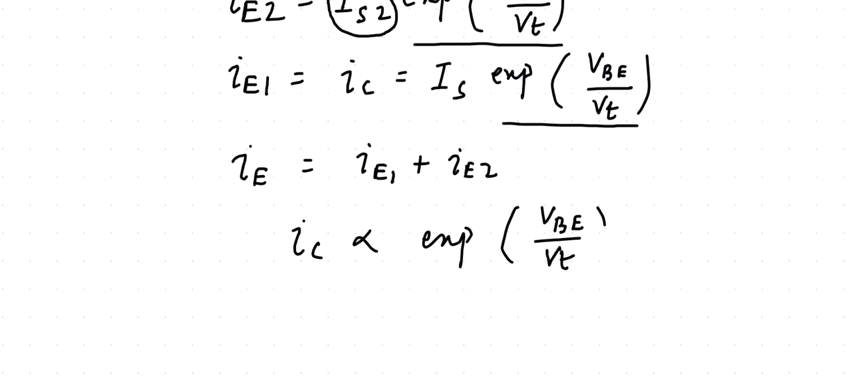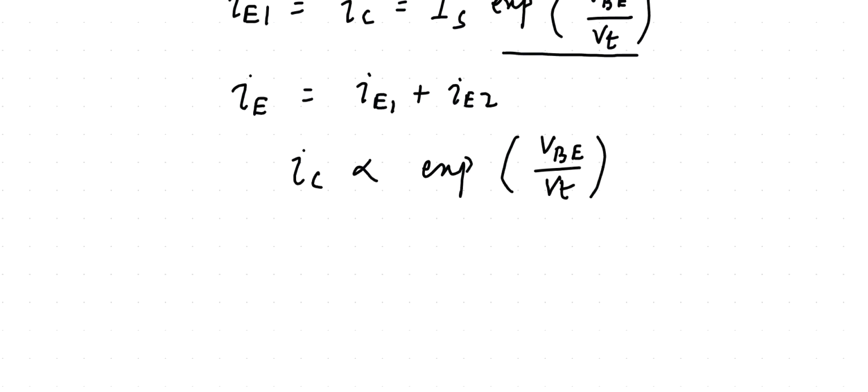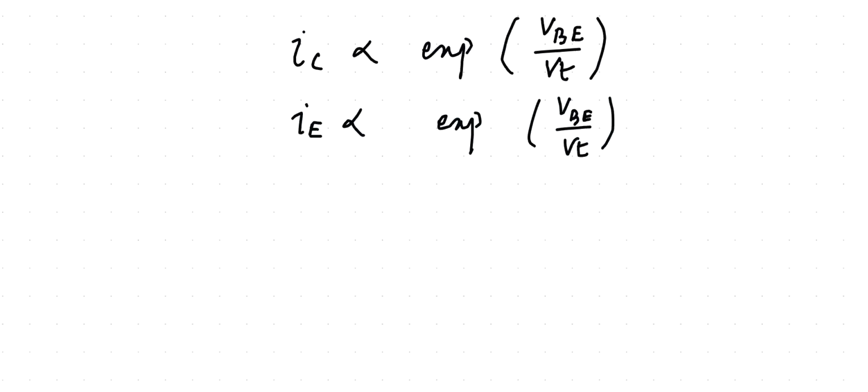But here you get IE is greater than IC, because you have both the components, and one component of emitter current is equal to the collector current. That's the reason IE is greater than IC.